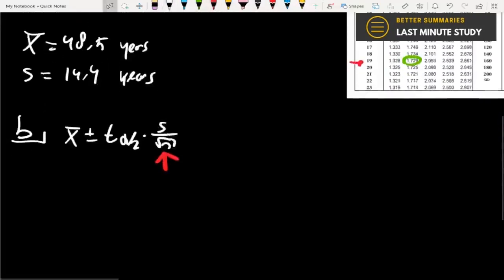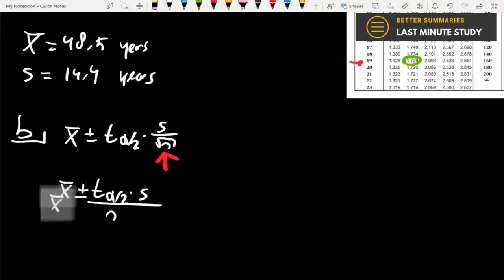So if we rewrite the formula, let's make this a bit more readable. What happens when we increase n, when we increase the sample size?